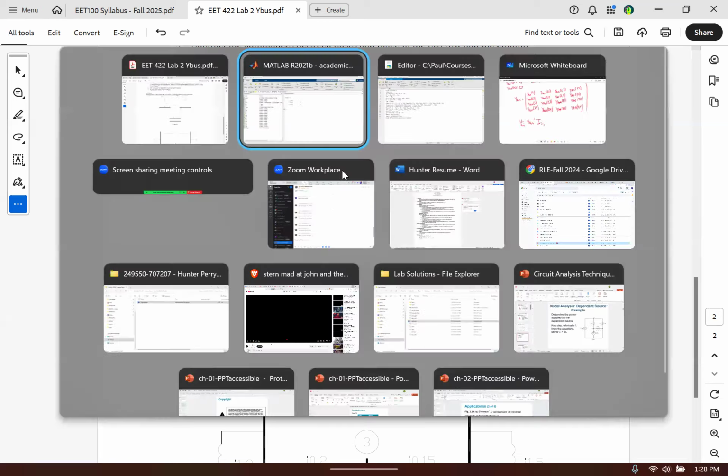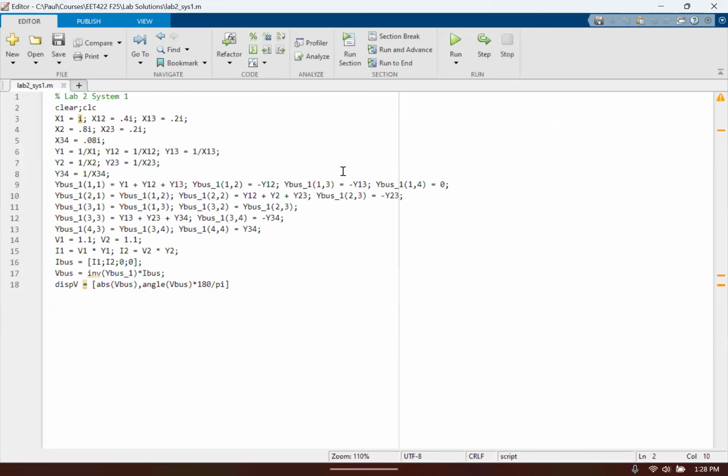If I want to throw some load onto the system, how do I do that? Well, what I would do is, you see where it says Y bus 4,4. Let's add a 1 ohm resistor there. It is 1 over 1, equal to 1.